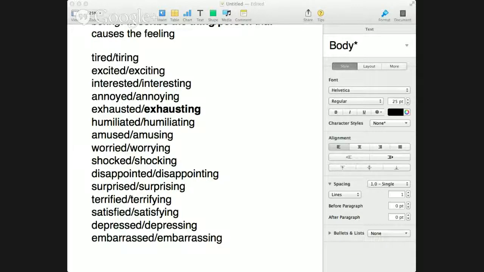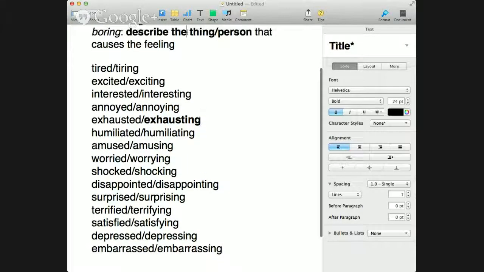Yeah, keep going. Because the situation was exhausted. All right. Oh, now you're bringing in extra tricky things, Alejandro. So hold on a second. If we want to use exhausting, what we need to describe is some kind of thing or person that causes you to be really, really tired, okay? And then you feel exhausted.